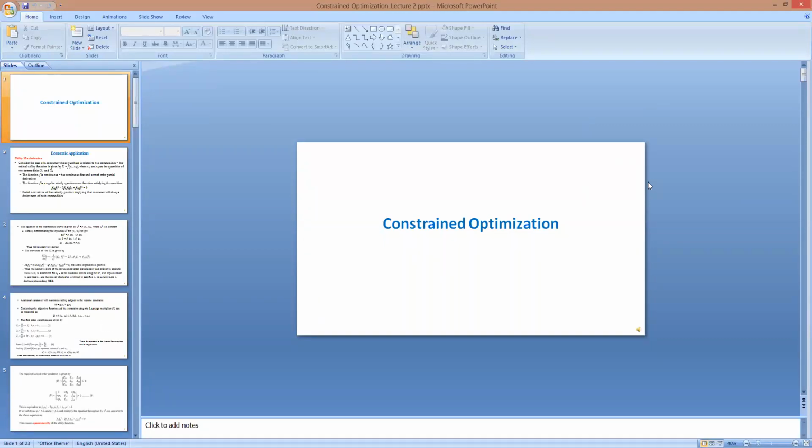First, I am starting with the numerical exercises which I gave the day before. Some people asked for the values, so let me first tell you the values.